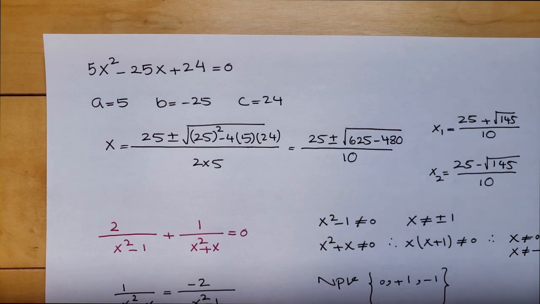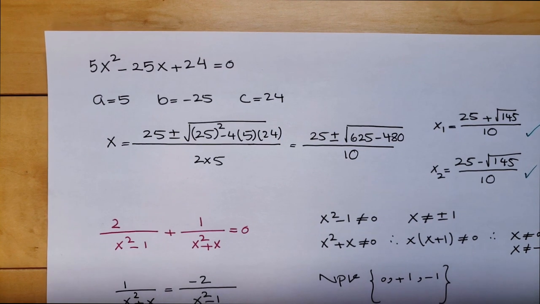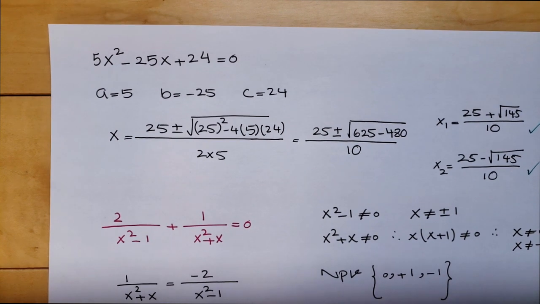But as I just mentioned, I prefer to work with integers, so I multiply both sides by 2. 0 times 2 would still be 0, but on the other side it will turn into 5, negative 25 and 24 as my A, B, C. Then I substitute it in the quadratic formula and I get my values. And as you can see, the final values are different from the NPV, so I keep both of these two values. Another example, this was also done during the class.